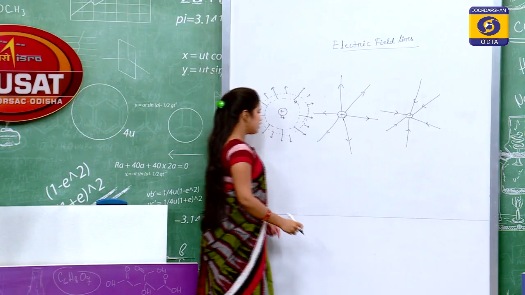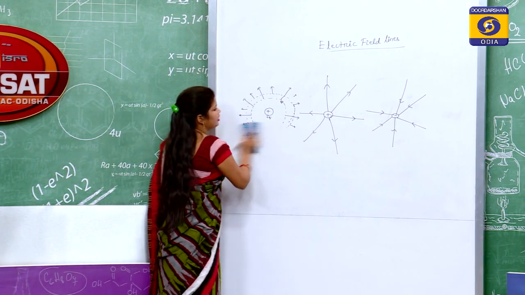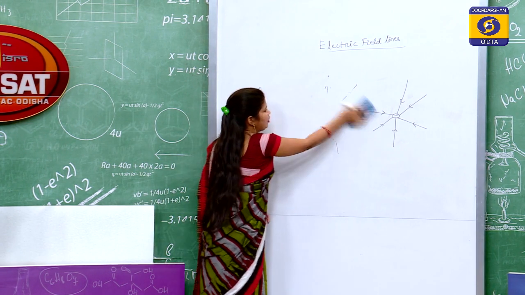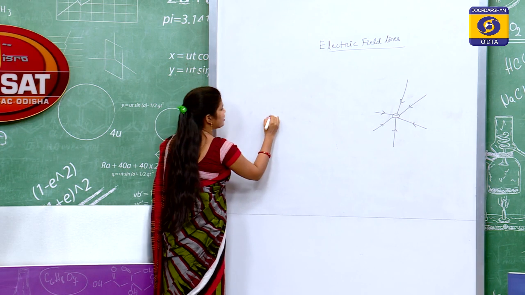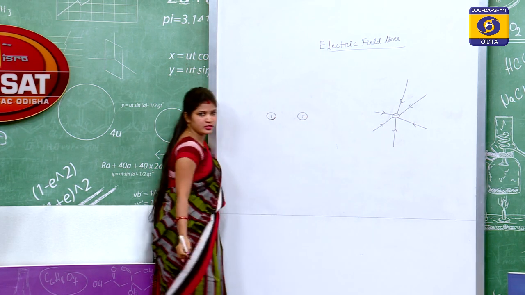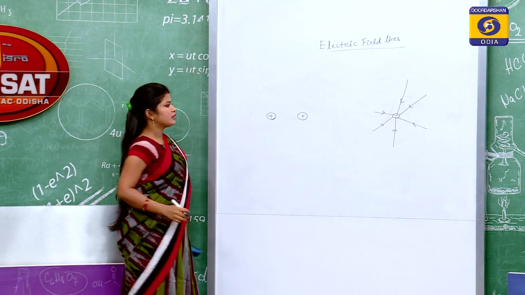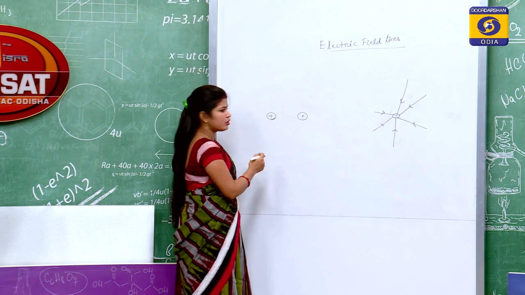Okay. Now, we will see in case of two like charges, that is when two like charges are present, then what will be the electric field lines. See how they are drawn.